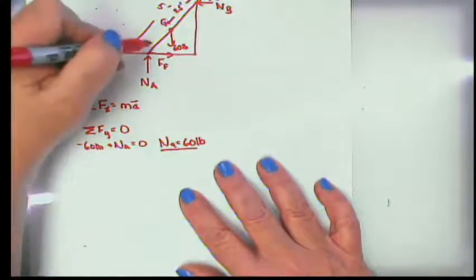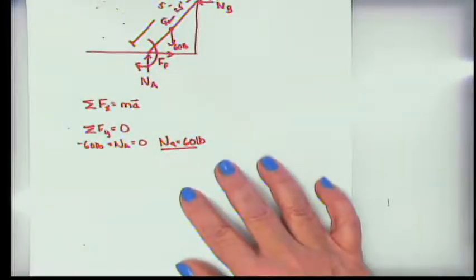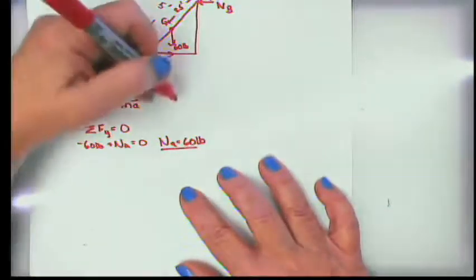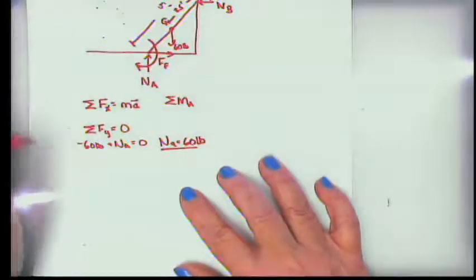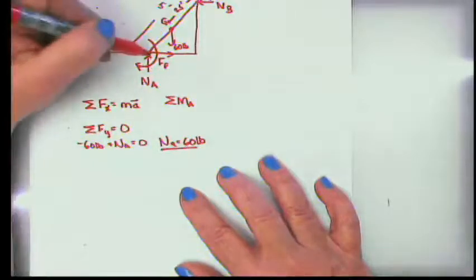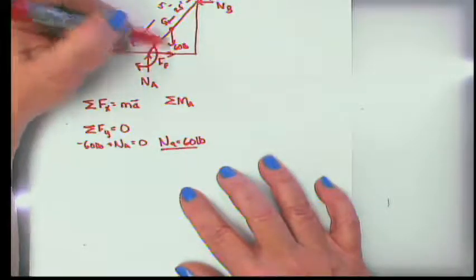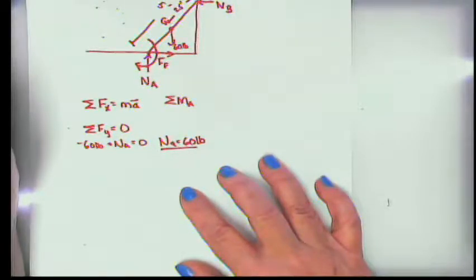What I'm really interested in is that I don't want this thing to move here at point A. So the first thing I would like to do is a summation of moments about point A. Here we have a 60-pound gravitational force, and that's really the only thing we have.